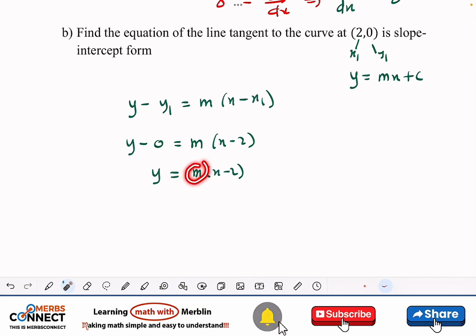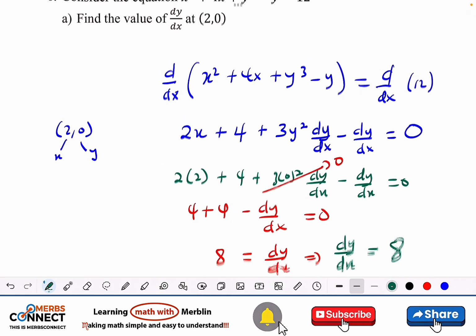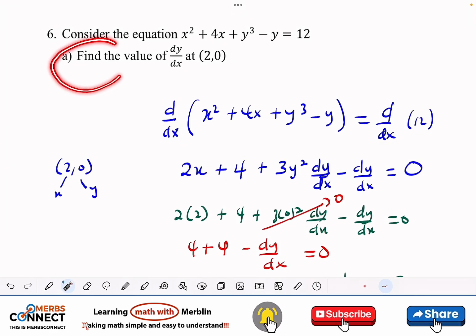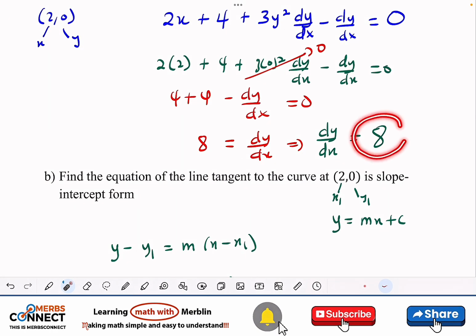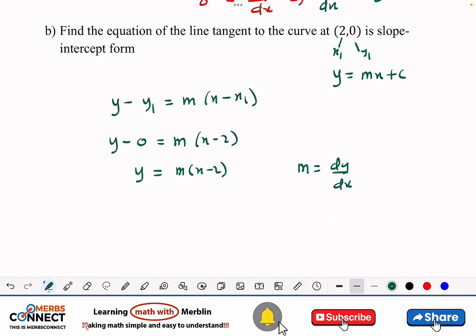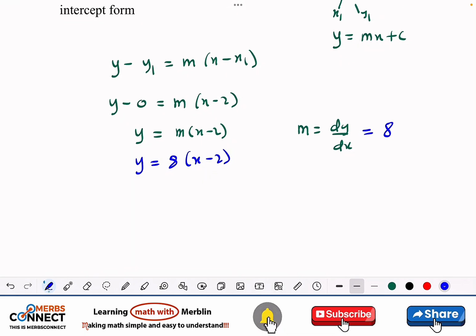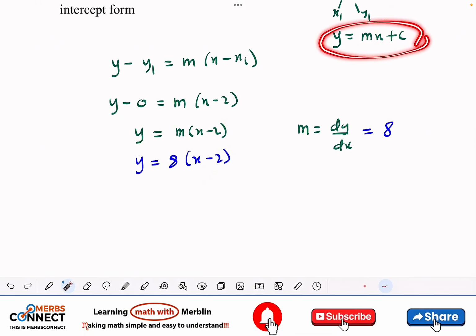But what is m? Know that m, which is the slope, is the same as dy over dx, and that's what we were working so hard on in 6a, and we had 8. So this is equal to a big 8. We plug it in and we have y is equal to 8 times x minus 2, and we need to simplify it so that we get it in this form.